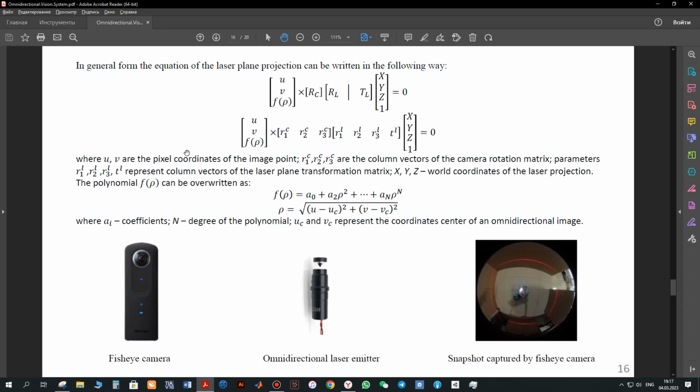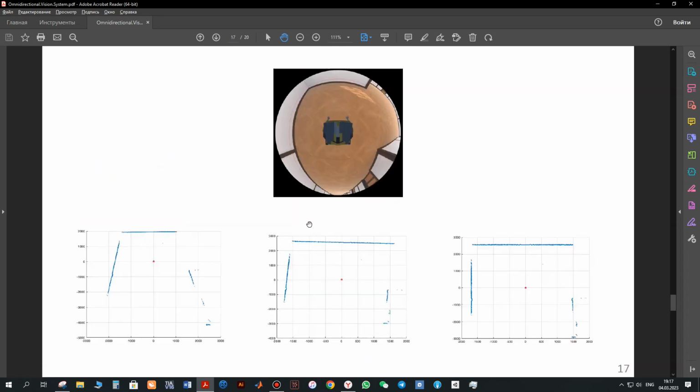Here this part is pixel coordinates, column vectors of the camera rotation matrix parameters. These parameters are column vectors of the laser plane transformation matrix, and these are the world coordinates of the laser projection. And this is a polynomial to represent the shape of our lens. So this is a fisheye camera. This is the laser, and this is a snapshot including these two elements.